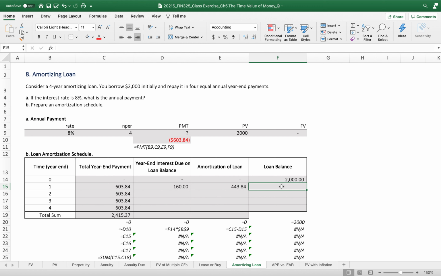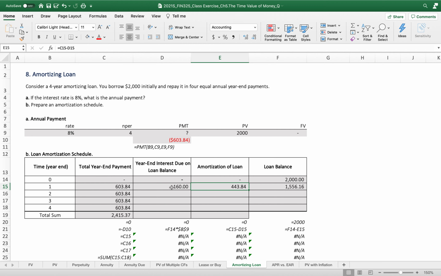Then next, how much is the loan balance? We want to see the loan balance. So we calculate 2,000 minus this, and the remaining loan balance is 1,556. We should subtract only the loan amount amortized.